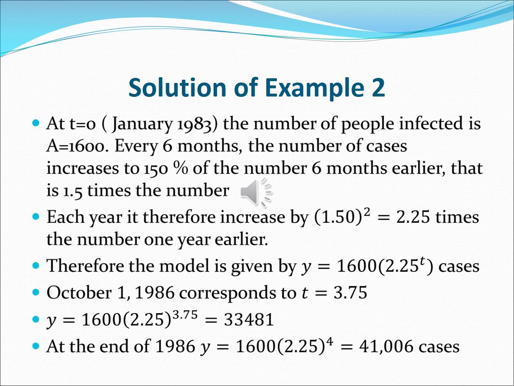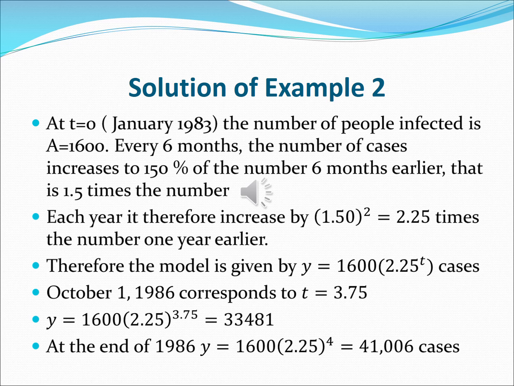Solution of example 2. At t equal to 0, January of 1983, the number of people infected in the epidemic is equal to 1,600, which we can call a.